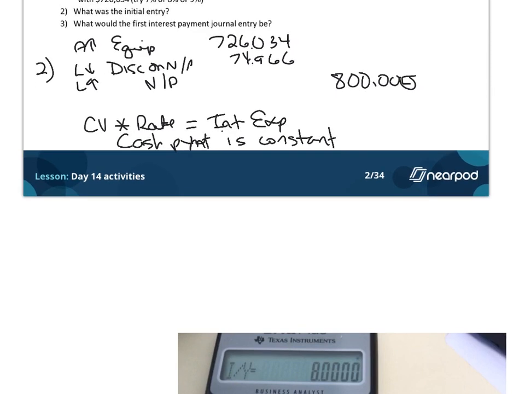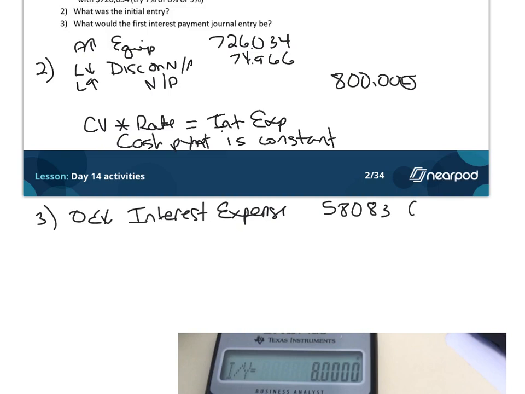We'd have interest expense here would be 58,083. Okay, I got that by taking 726,034 times 8%.